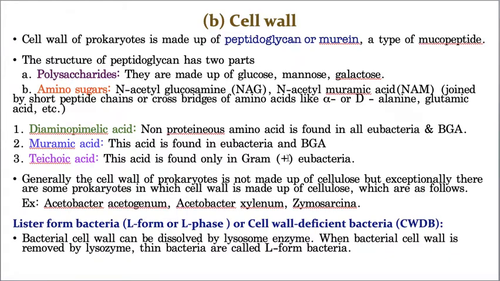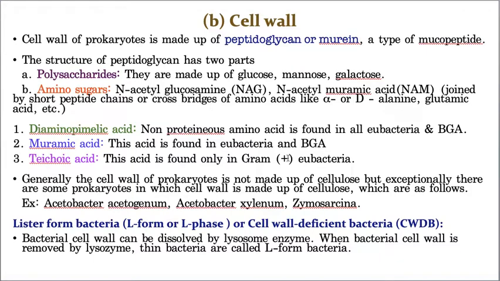All the remaining bacteria have a cell wall made up of peptidoglycan, whereas Acetobacter aceti, Acetobacter xylinum, and Zymosarcina, these three bacteria have cell walls made up of cellulose. Very peculiar and unique characters.